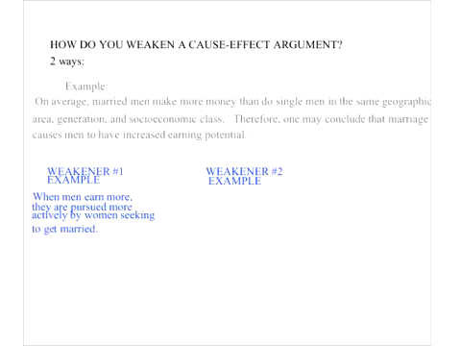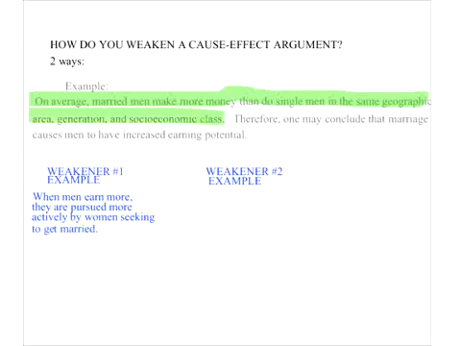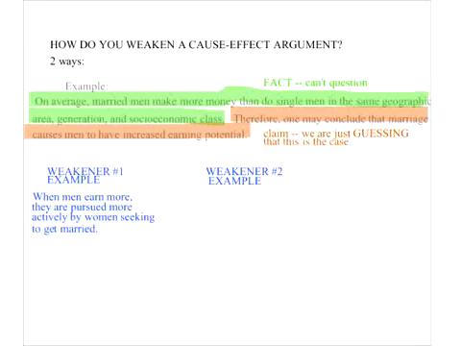So in this case, this is a weakener because this is a fact, but we don't know why it's true. So that's a fact. You can't question this. This is the claim. This is what you can attack. You can provide alternatives to this claim. But we are just guessing that this is the case.